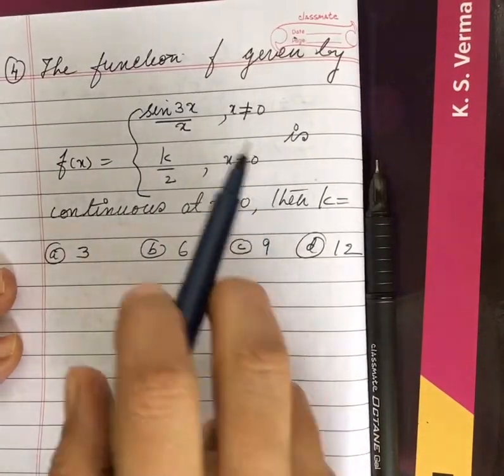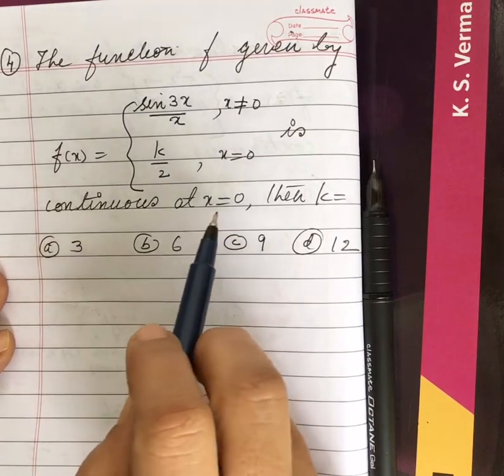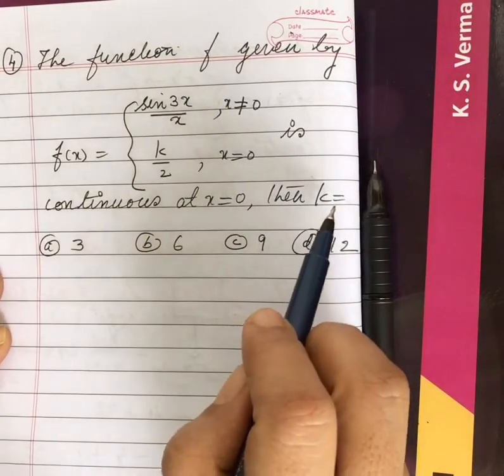The function f given by this is continuous at x equal to 0, then what is the value of k?